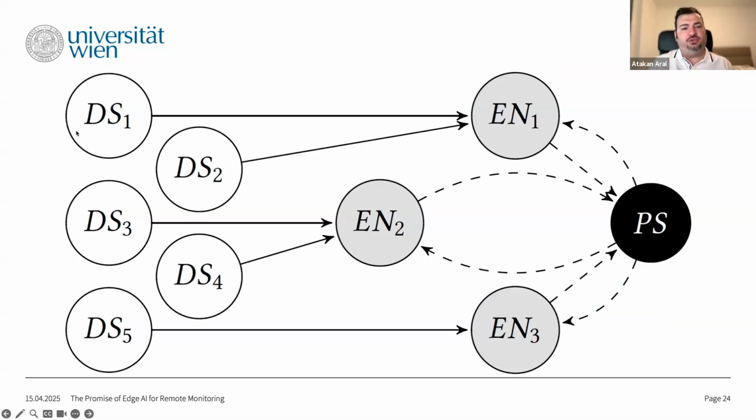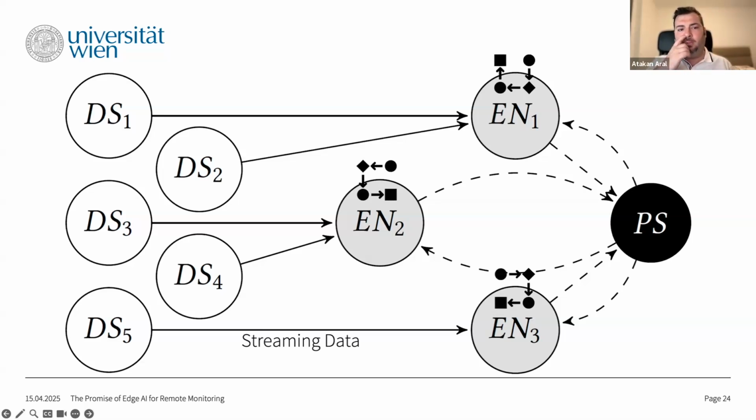We have data source nodes, edge nodes, and parameter server. In our case, there is no training on the devices. Devices, or data sources, are not intelligent. They just transmit their data to the nearby edge nodes. And this is streaming data communication.